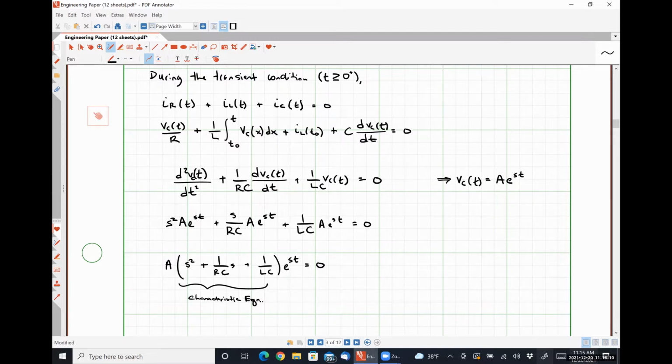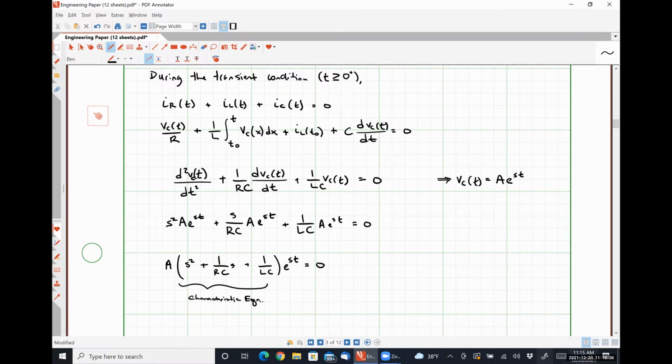E to the ST will approach 0 if S happens to be negative and we allow enough time to occur. But we can find that there are going to be specific values of R, L, and C that will force this characteristic equation to be 0. And we're simply solving for the S's, which are the natural frequencies of the system, that make that happen.